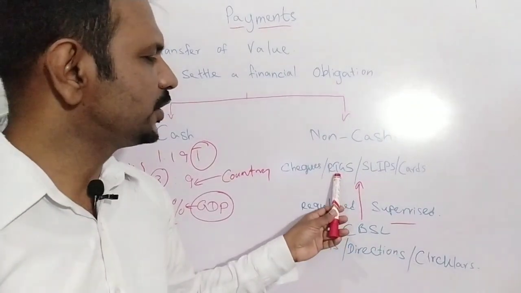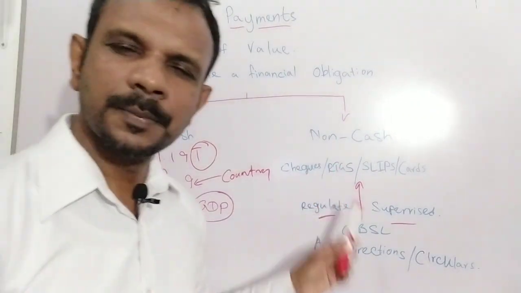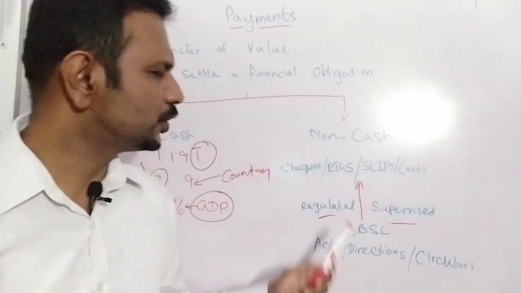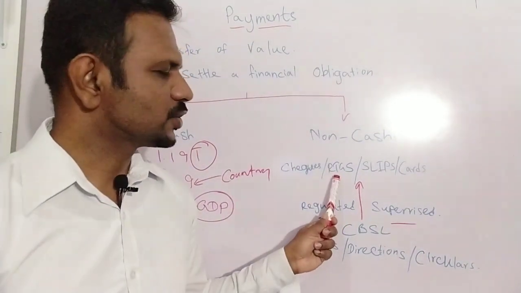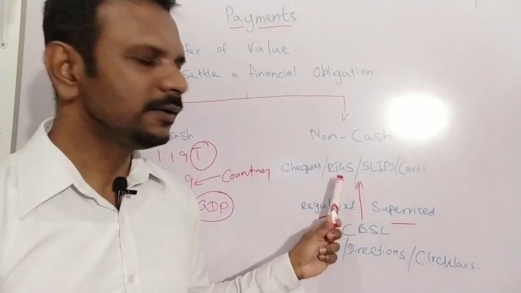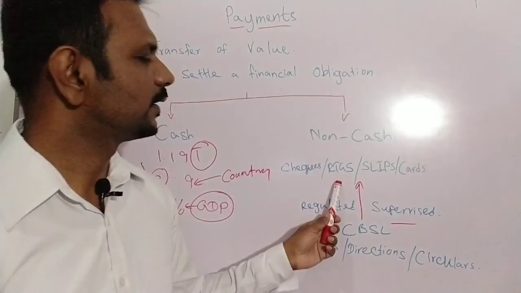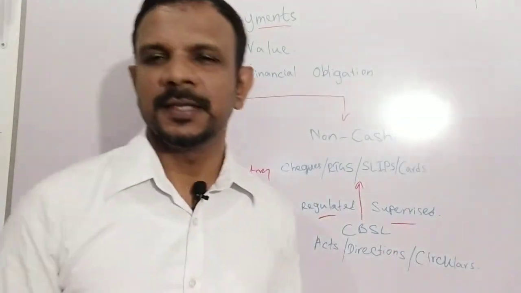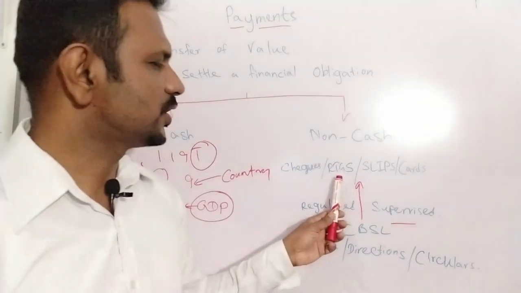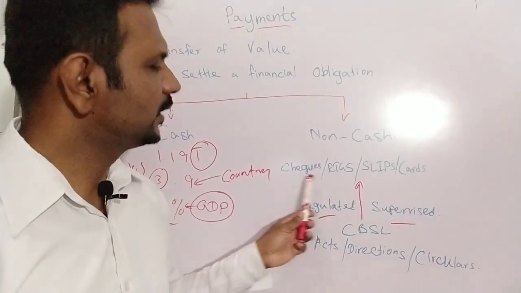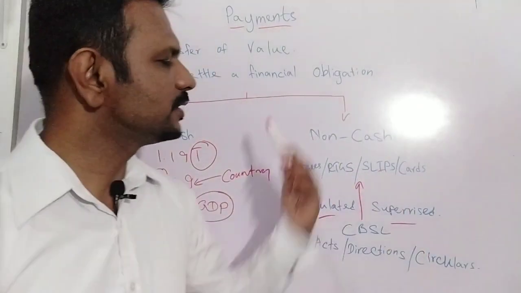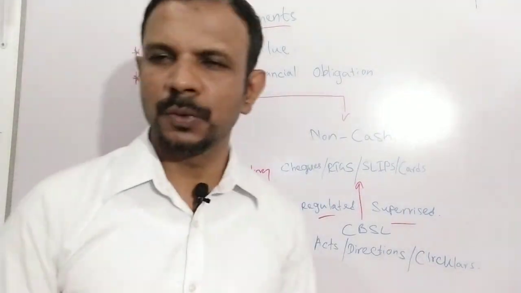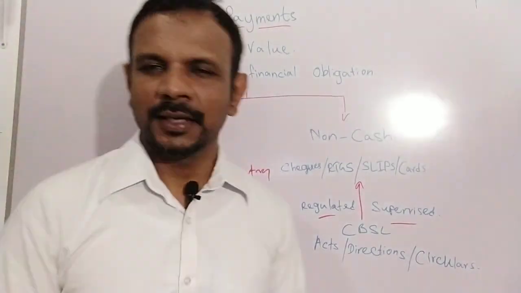And if you take RTGS, the banks and the community use RTGS as a high value transaction method because it's real-time, and it's a gross settlement transaction that happens separately. So how we execute these payment instruments, there's much more knowledge that I can share with you guys.